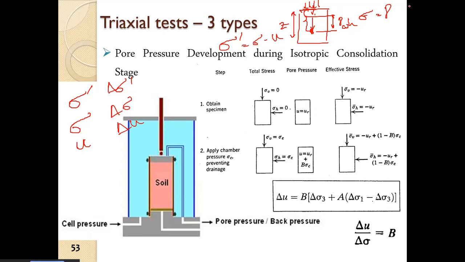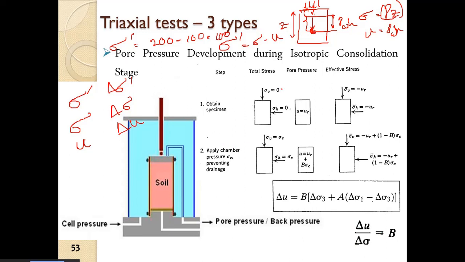We consider it to be gamma z. Suppose it is 200 kPa at this state, and the pore water pressure is 100 kPa. So the effective stress in the soil is 100 kPa at this point.